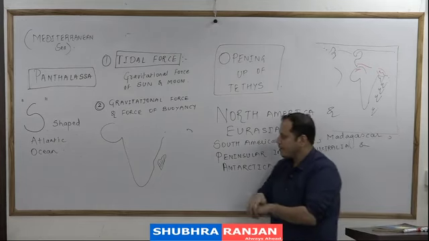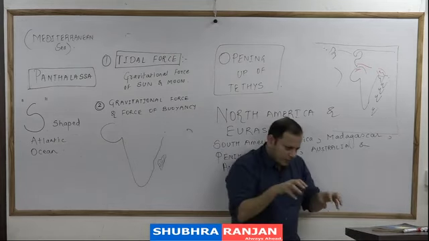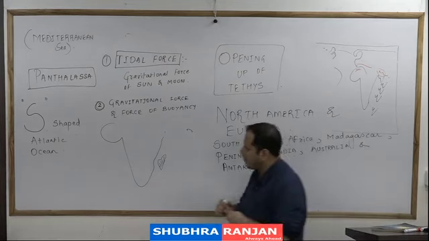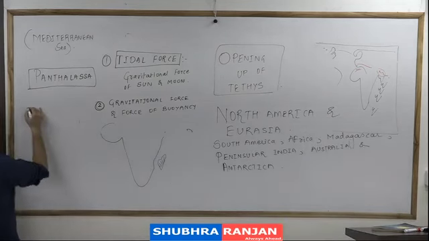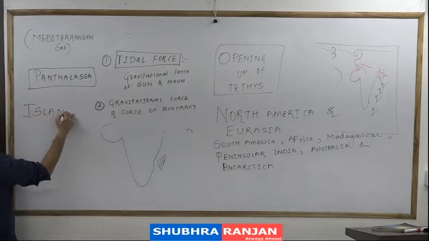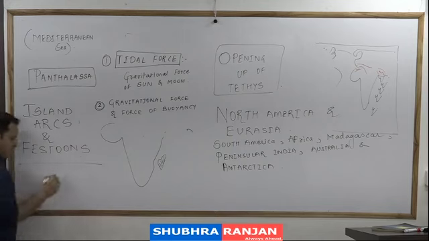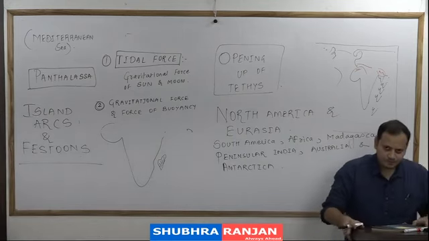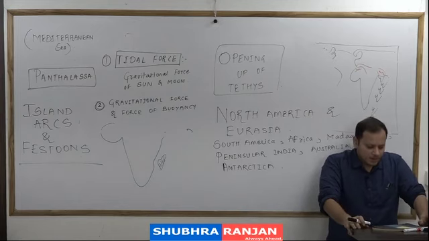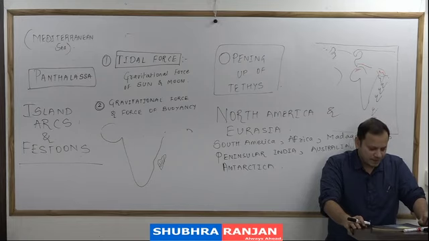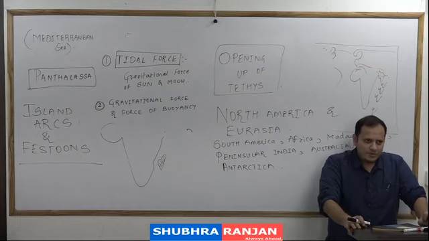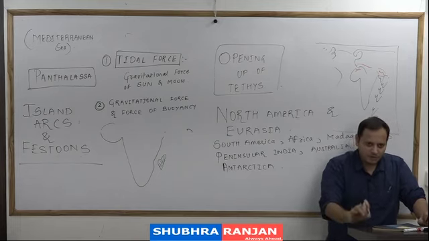Next point. According to him, the island arcs and festoons were formed due to the differential rate of movement, meaning different rate of movement.